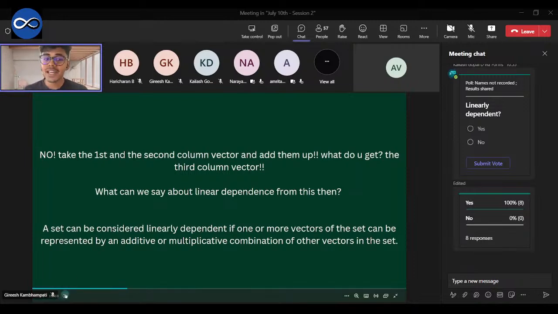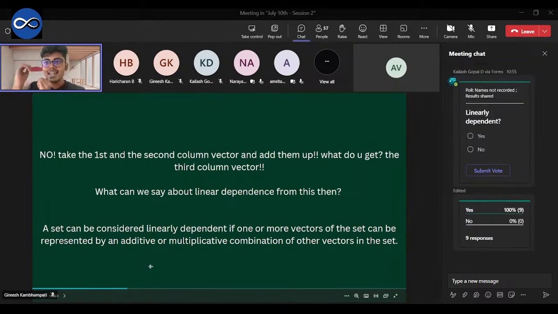When I try to take the linear combination of these three vectors, for example, A into (2, 5) plus B into (3, 6) plus C into (5, 11), I don't really need that C into (5, 11). I can write C into (5, 11) as C into (2, 5) plus C into (3, 6).